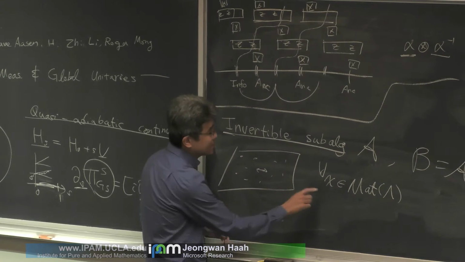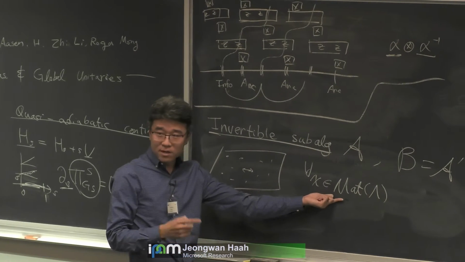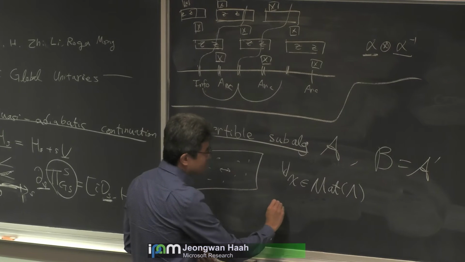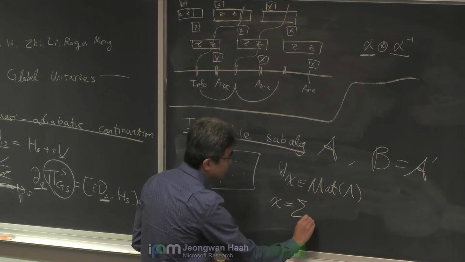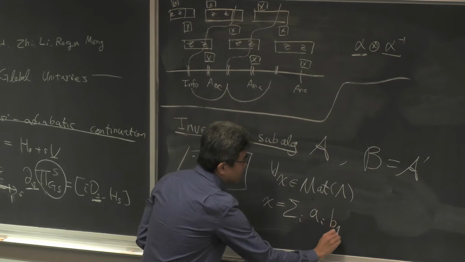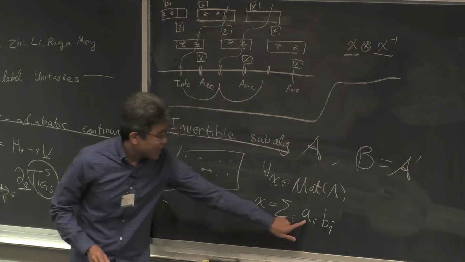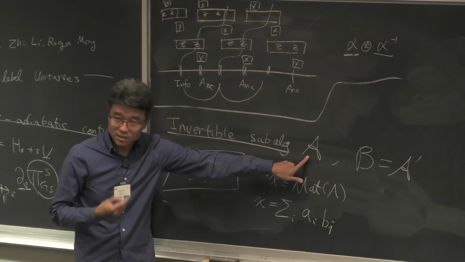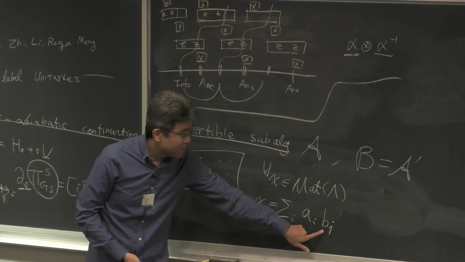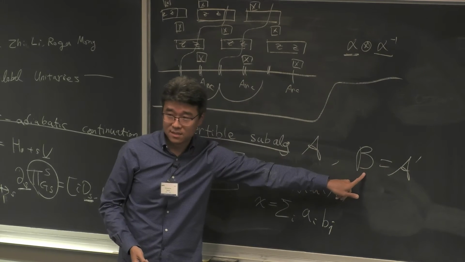Right. So the condition is, whatever operator X on the mother algebra you give me, I should be able to write it as a sum of A_i B_i, in this form, where A_i is in the algebra you're interested in, and B_i is in the commutant.